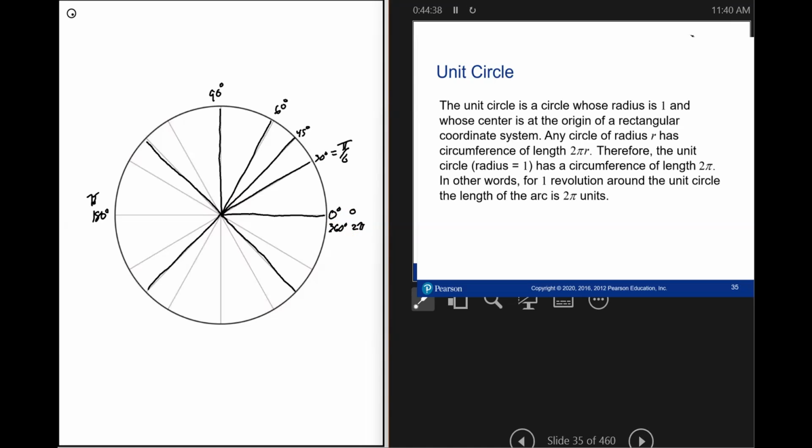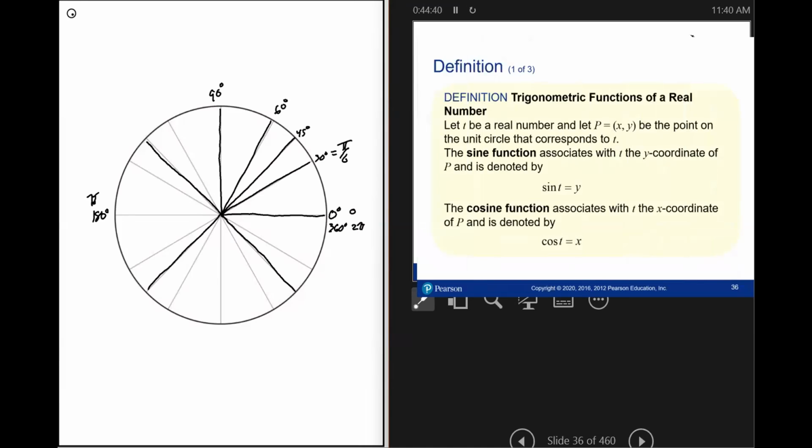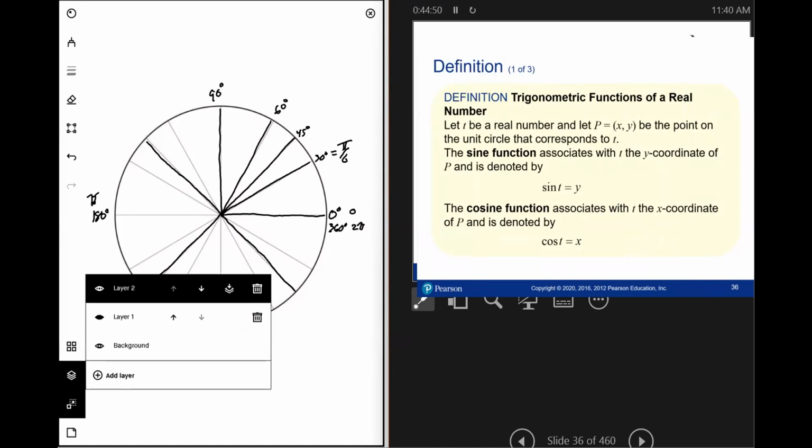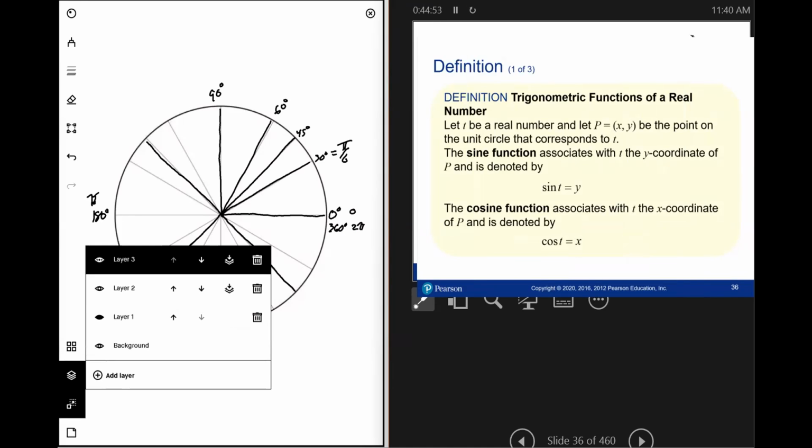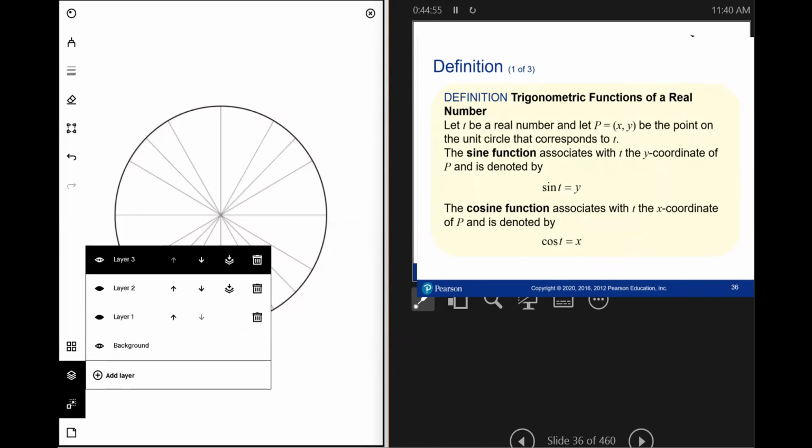And then, next line, a trigonometric function of a real number. Let me add another layer and hide previous layers.